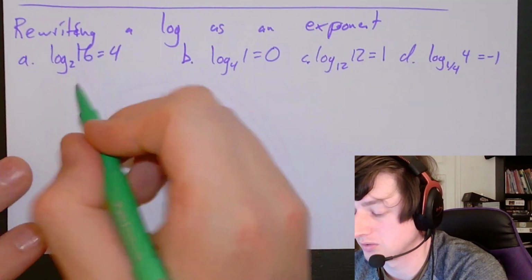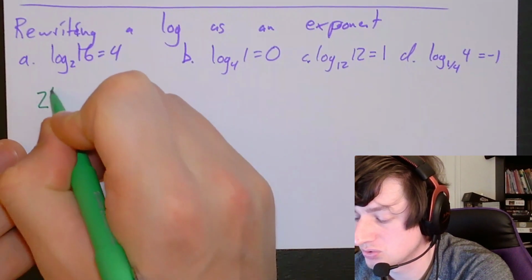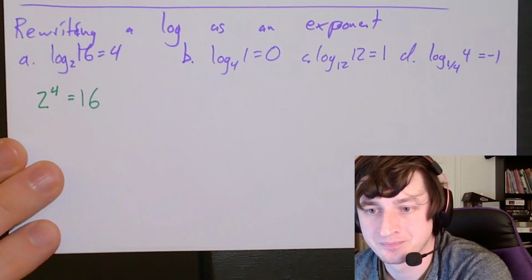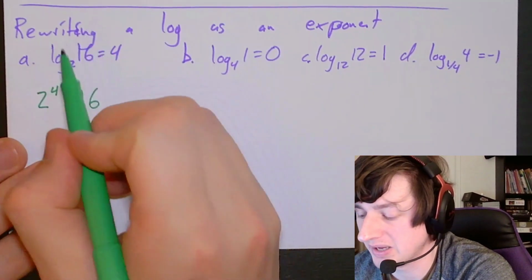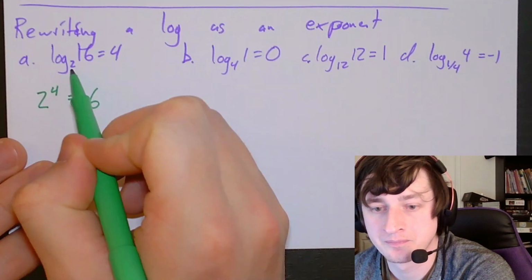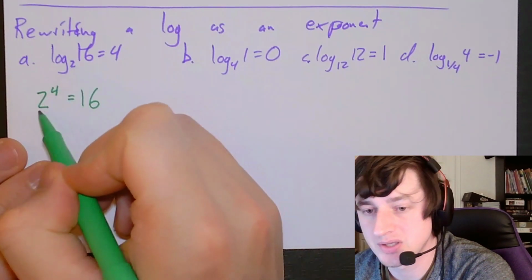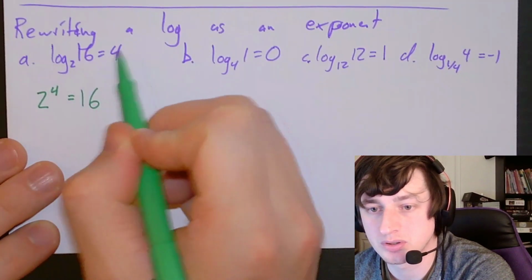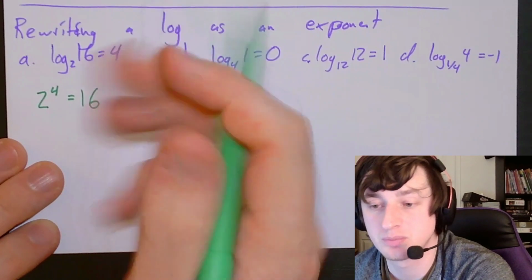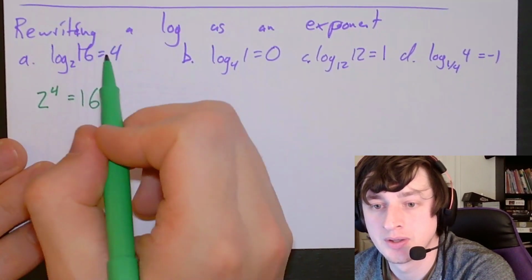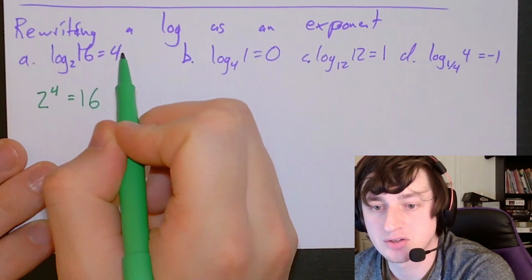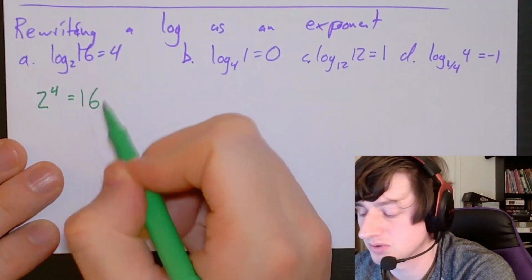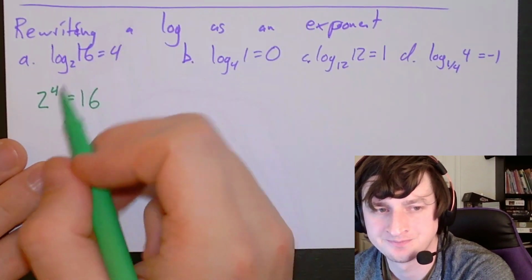In other words, exponential form is 2 to the 4th equals 16. So I took the base of the logarithm, and I made it the base of the exponent. The logarithm is the exponent. That's going to be probably the most helpful phrase for these. I made the exponent, and then the value inside the logarithm, that's what the exponent is equal to. And we could calculate 2 to the 4th.